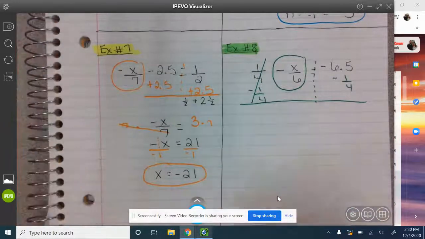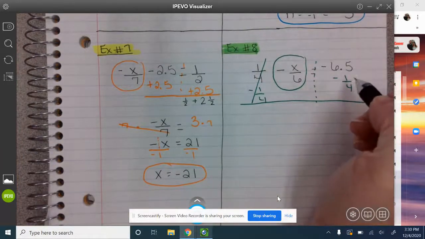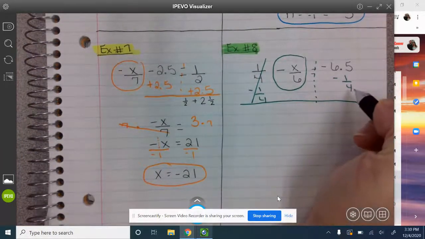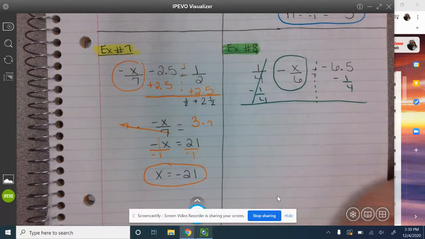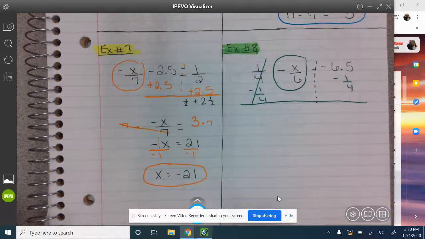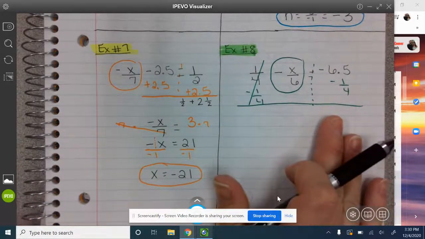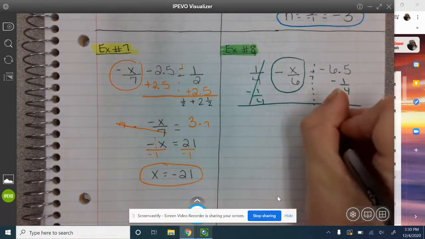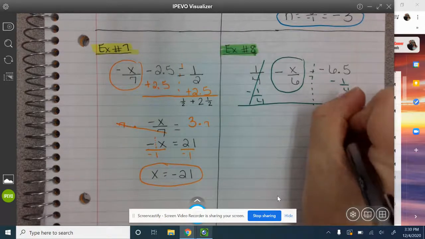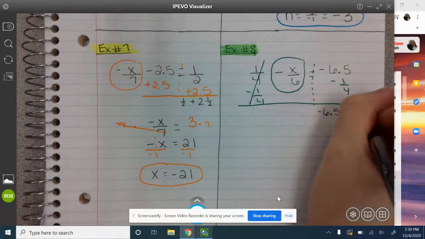So just like on the previous problem, we're dealing with decimals and we're dealing with fractions. It does not matter if you choose to make it a decimal or a fraction. Since I made the last one into fractions, I'll make this one into decimals for you. So it would be negative 6.5 minus 0.25.